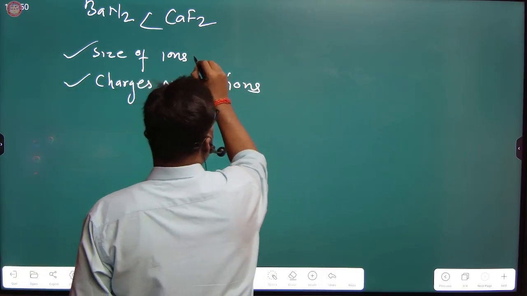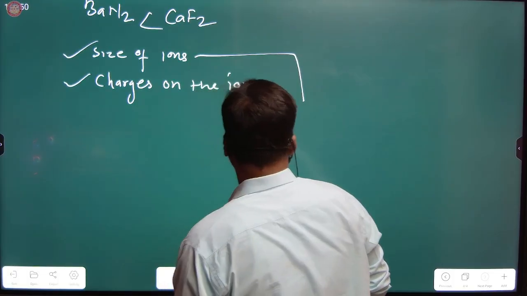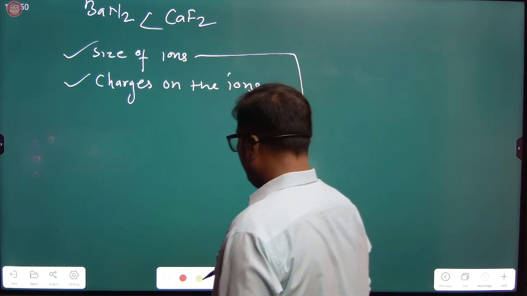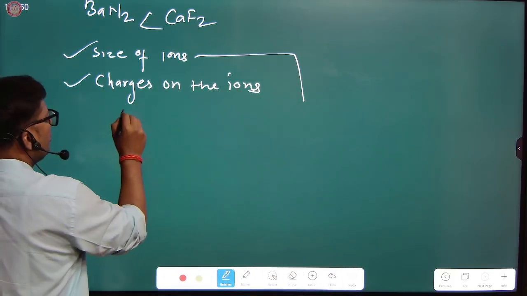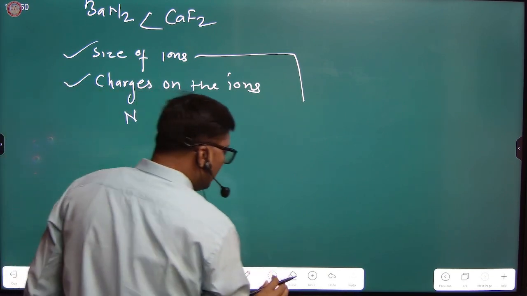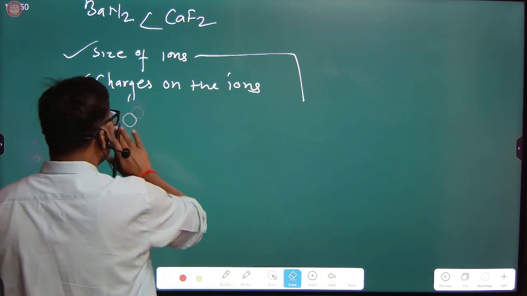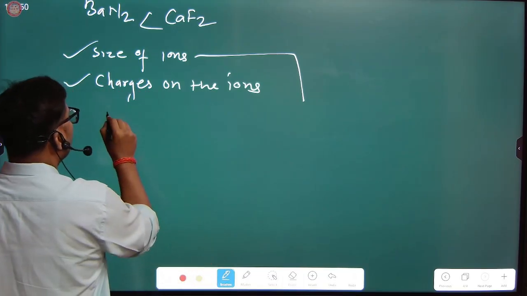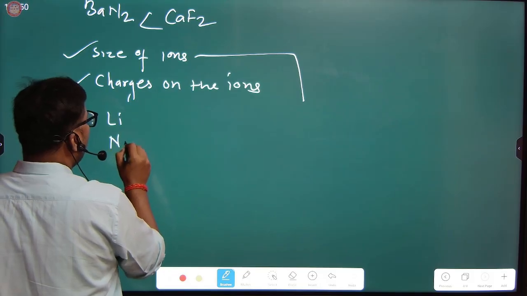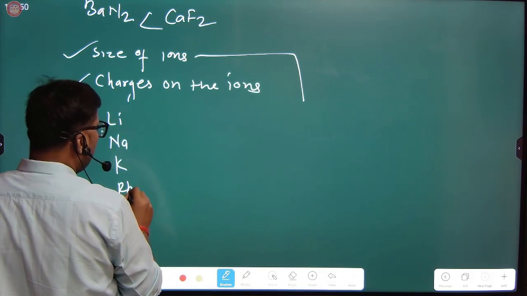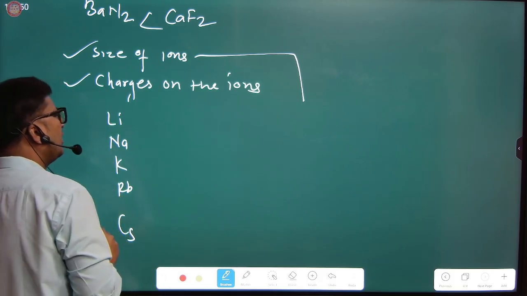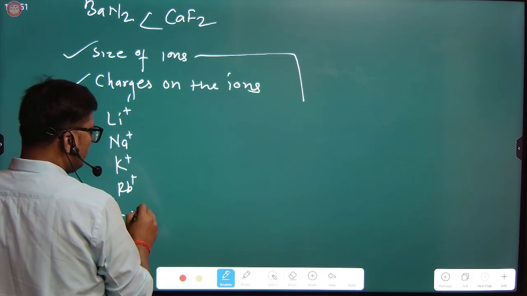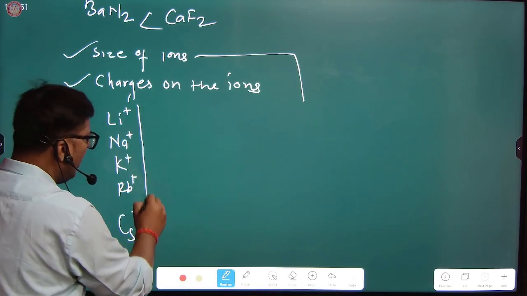Size in the group. If you are moving from top to bottom, in case of alkali metals, suppose this is the alkali metal group: Li, Na, K, Rb, Cs, right? So cationic radius increases as you move in this group.